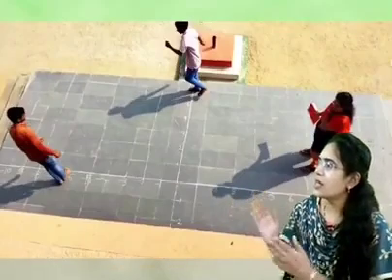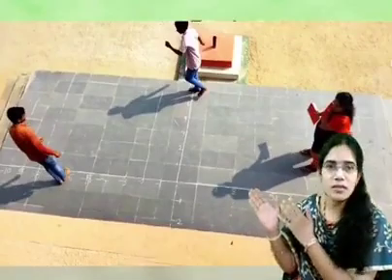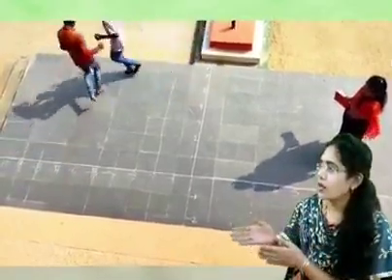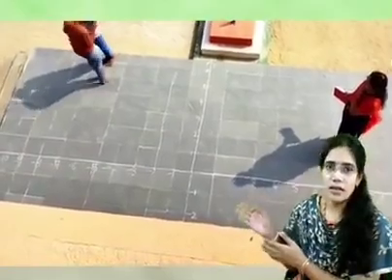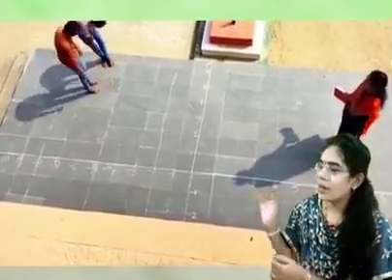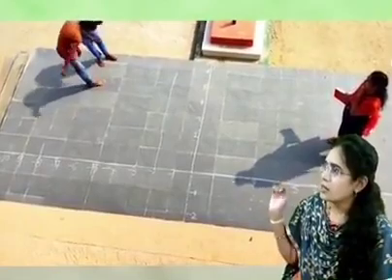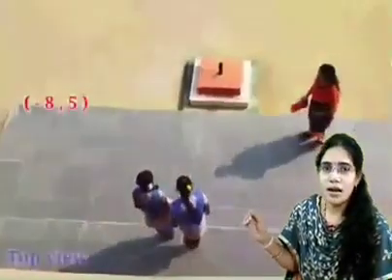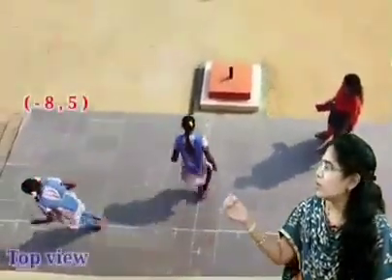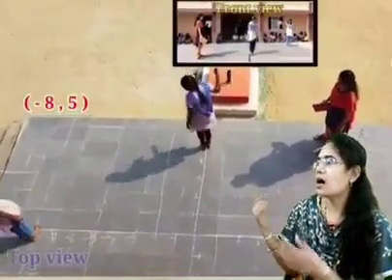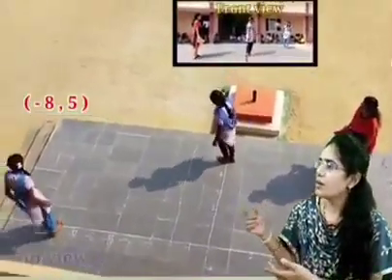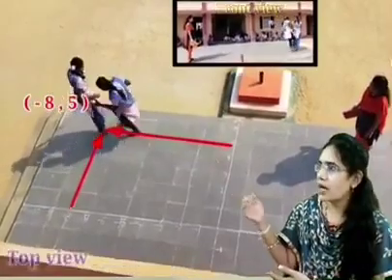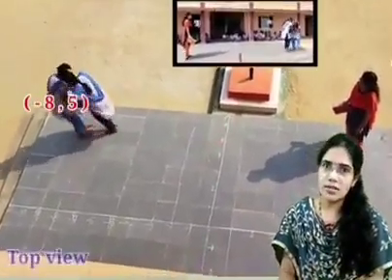Then they turn 90 degrees and move on straight lines accordingly to meet each other at a point, that is the given coordinate. Like this, we can plot so many coordinates on the graph floor and we can draw various types of graphs by joining these coordinates.